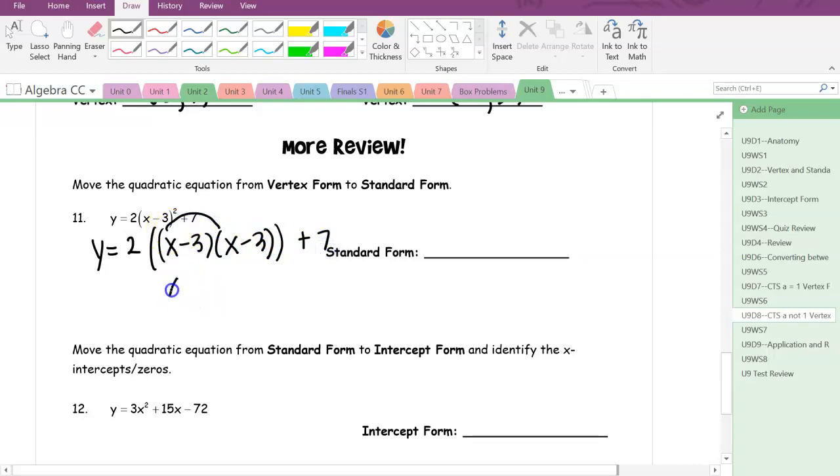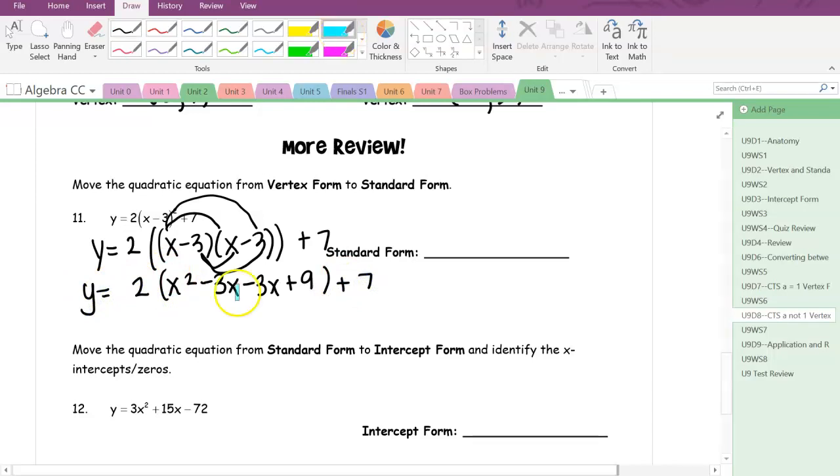X times x is x squared. X times negative 3 is negative 3x. Negative 3 times x is negative 3x. And negative 3 times negative 3 is a positive 9. Bring everything else down. I like to combine my like terms next.